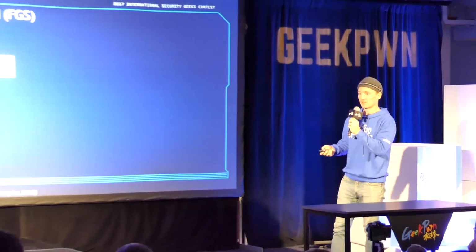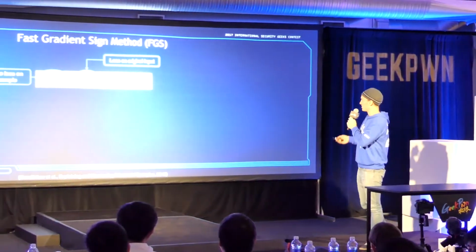That's the core idea of what's known as the fast gradient sign method, which I'll explain in a little bit of detail. The idea is that we want to maximize the loss that the classifier has on a particular adversarial example. That adversarial example is x with the tilde on top of it here, and J is the loss function.